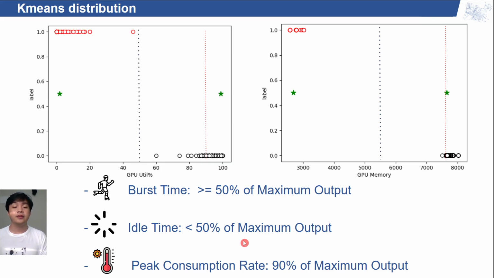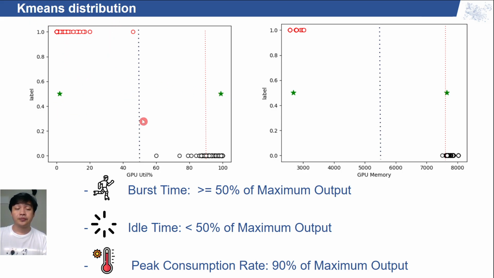So how do we define burst time, idle time, and peak consumption rate? We define burst time as greater than or equal to 50% of maximum output, and idle time as the opposite of burst time, which is less than 50% of maximum output. To begin with, on the gathered data for GPU utilization percent and GPU memory, we set a boundary at the middle defined by this black dotted line, and then we separate the data into two classes using k-means.